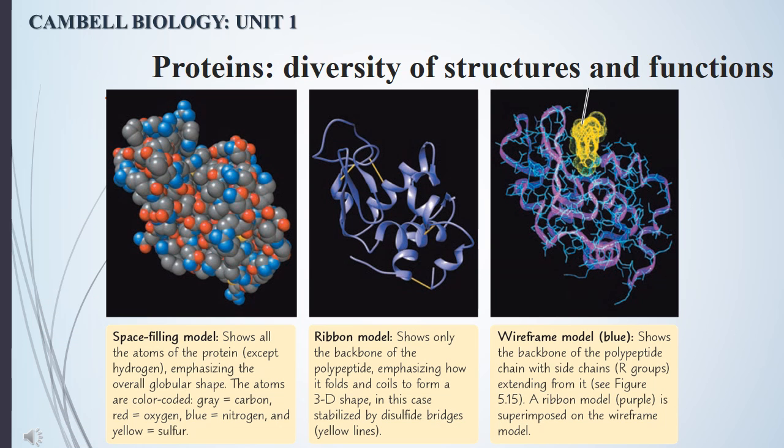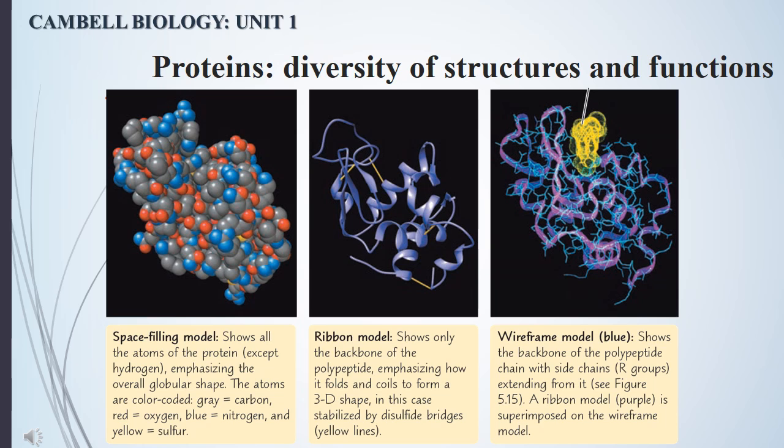So here are three different ways that we display proteins to make sense of them and to make the information useful. The space-filling model is basically an image that shows the atoms of the protein, obviously except for hydrogens.